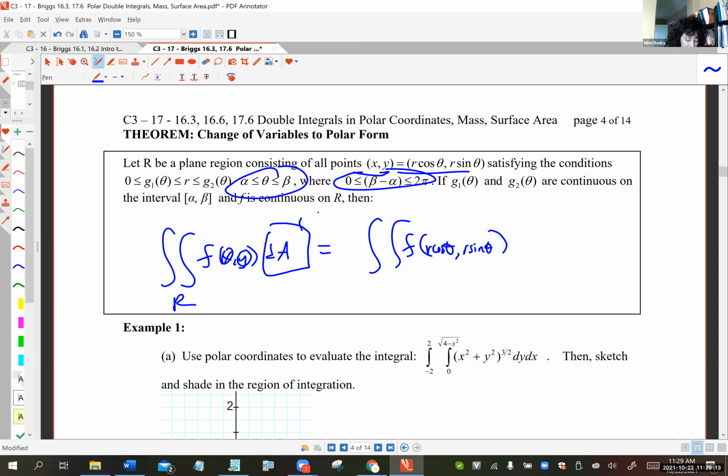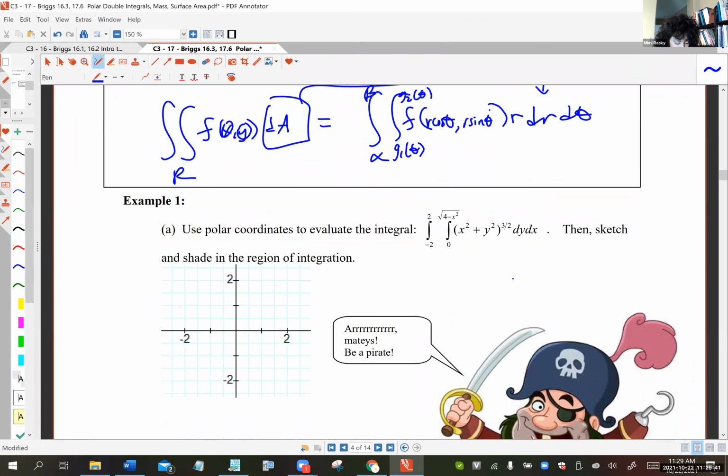The dA, which is the area element for polar, is, be a pirate, r dr d theta. And you'll figure out what your theta range is, and then you'll hopefully figure out your range for r, and then you can hopefully integrate it. And there you go. Okay, so there's your theorem. Now let's do some examples.